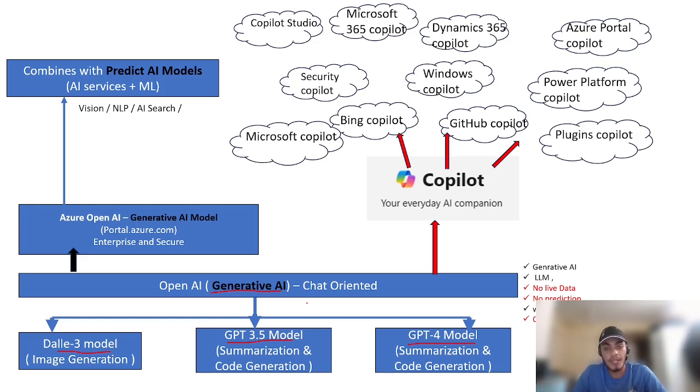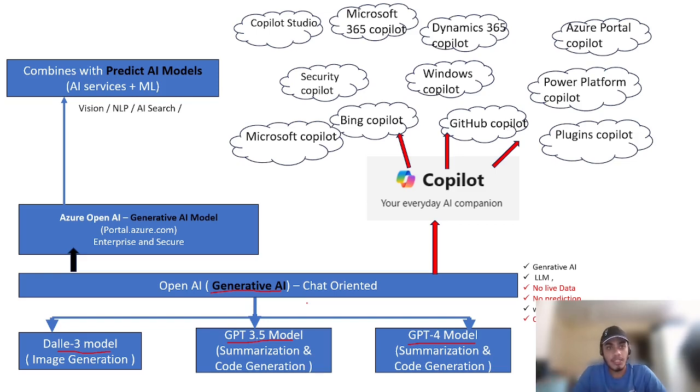They interpret the user query and present the desired response to the user. The drawbacks of generative AI are, first of all, it cannot fetch live data unless programmed with external APIs with the help of a functionality called function calling. And secondly, it cannot do data prediction as well.